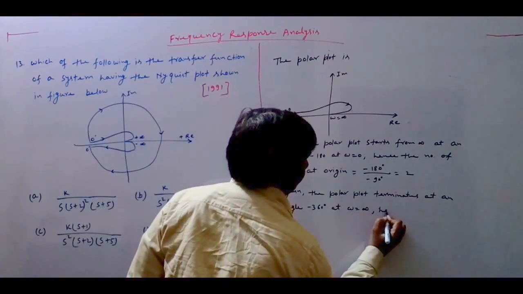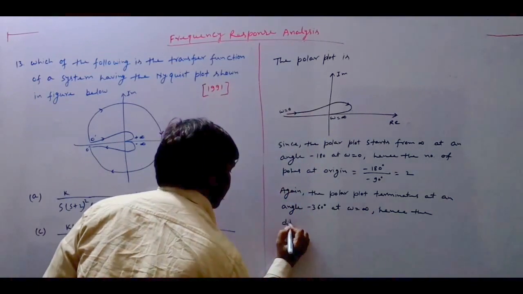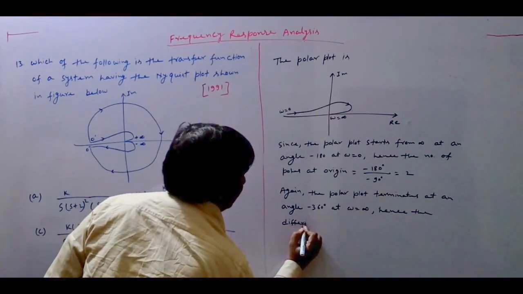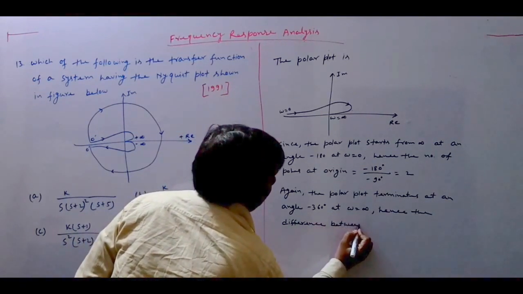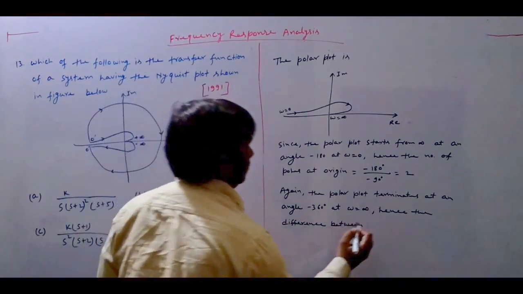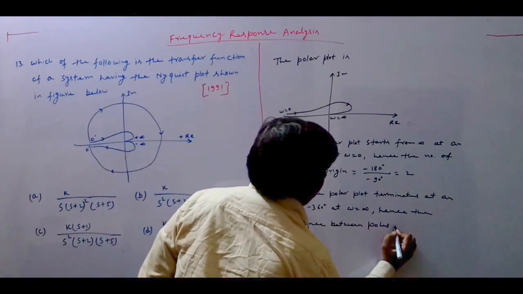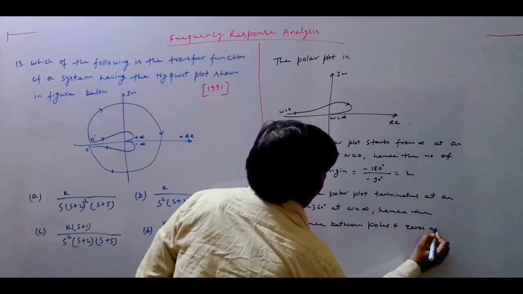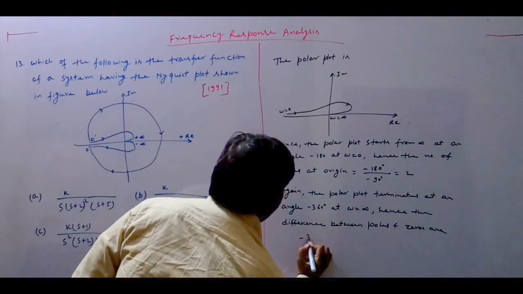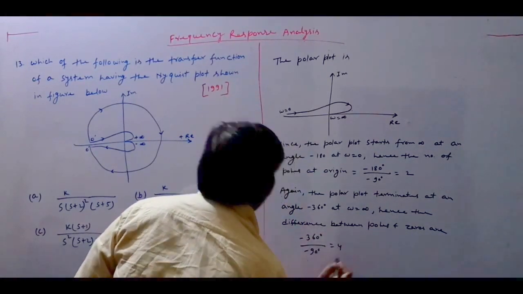Hence, the difference between poles and zeros is minus 360 degree divided by minus 90 degree. So it will be 4.